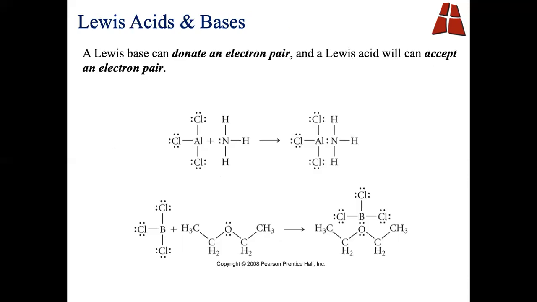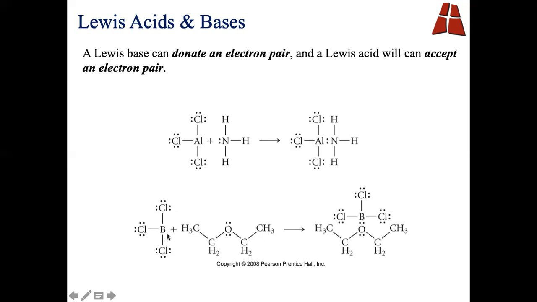If we were to look at chemical examples of Lewis acid-base complexes, we could have something like aluminum chloride, which does not have a lone pair but has an orbital capable of accepting a lone pair from ammonia, NH3, and so they would form that bond. Another example could be boron.